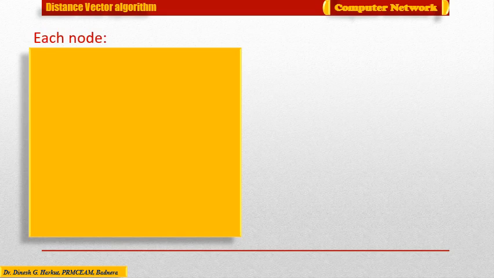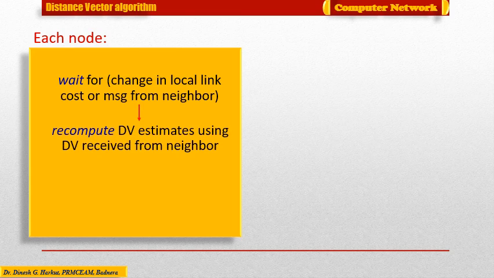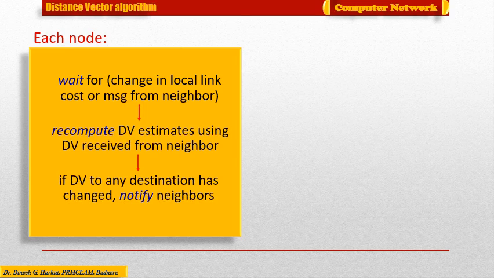In the distance vector algorithm, each node of the graph may be in any of three states, specifically the wait state, the recompute state, or the notify state, and continuously transitions from one state to another. In the wait state, each node waits for a change in its local link cost or a change message from its immediate neighbors.